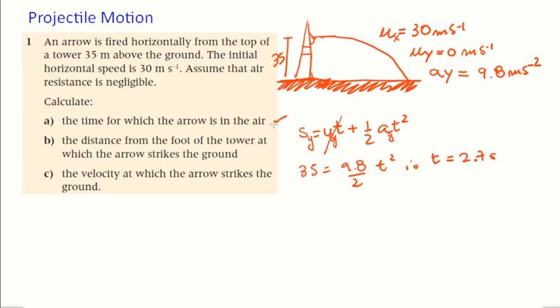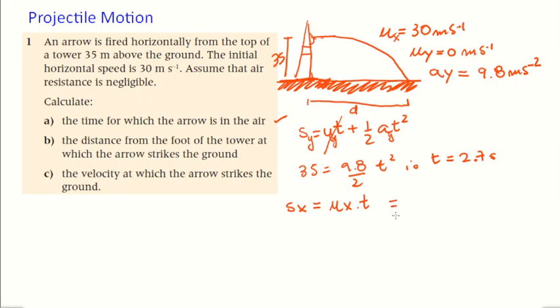Now, in the second question, letter B, the distance from the foot of the tower at which the arrow strikes the ground. So it's this distance here, that's our Sx. Since our horizontal movement is not influenced by the acceleration, which is only downwards, we'll have a constant speed. So our displacement will basically be our speed multiplied by our time.